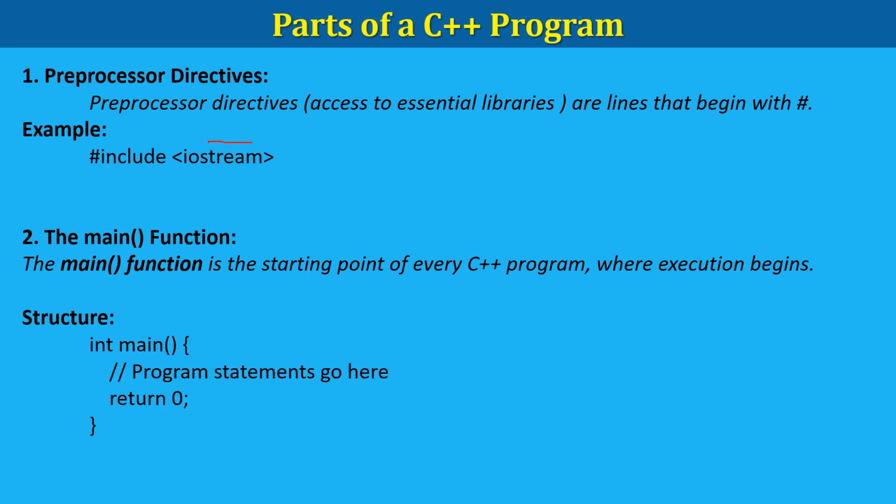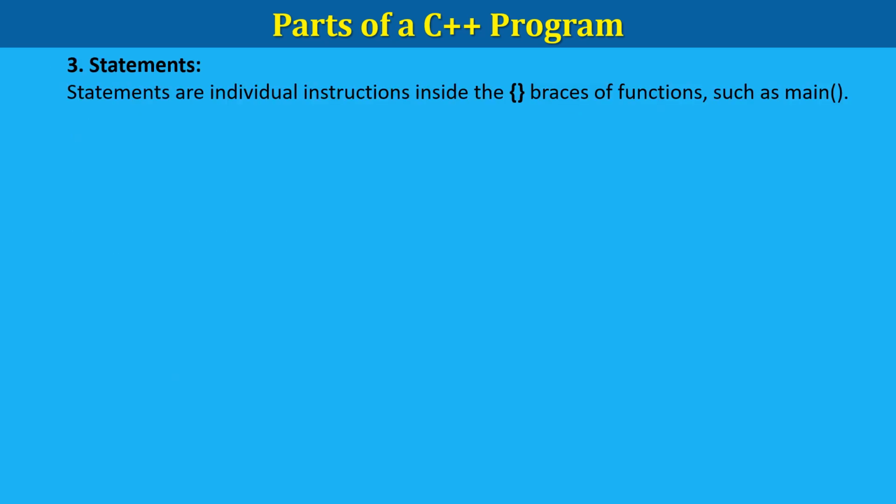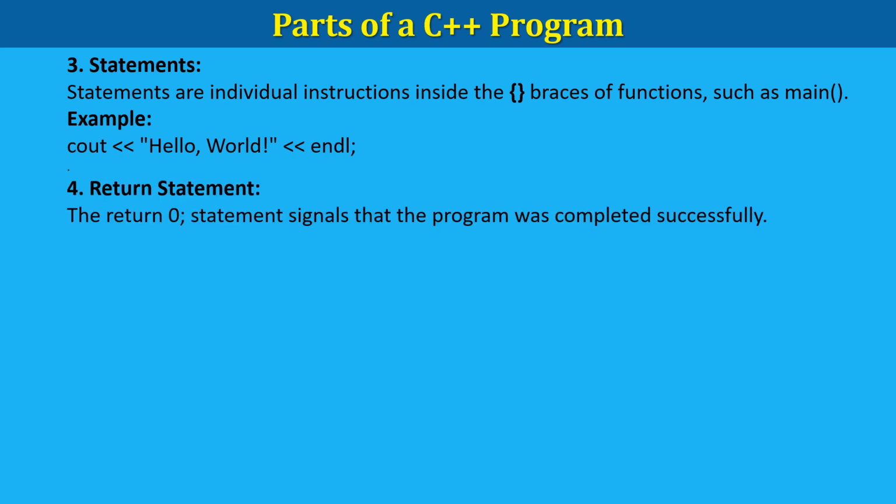Every C++ program must have exactly one main function. It contains the core logic and instructions for the program. Statements are individual instructions inside the braces of functions such as main. The statement prints a message on the screen, like cout << "Hello world".